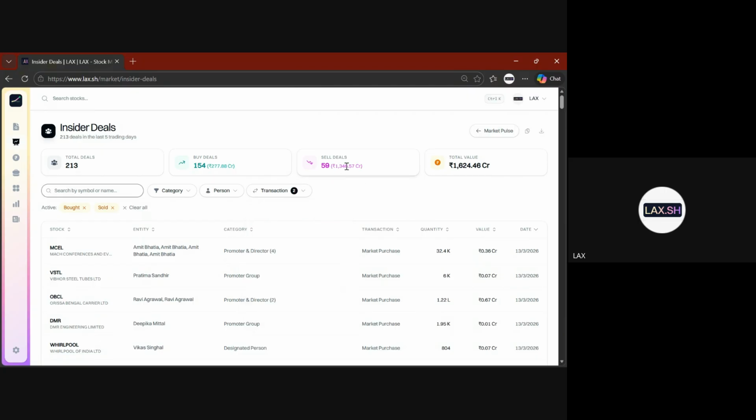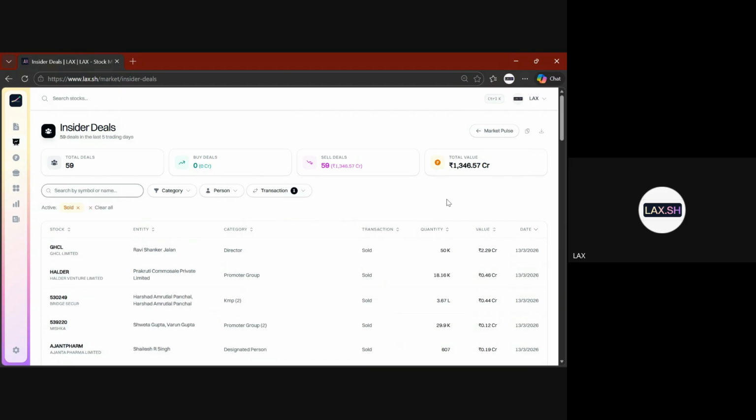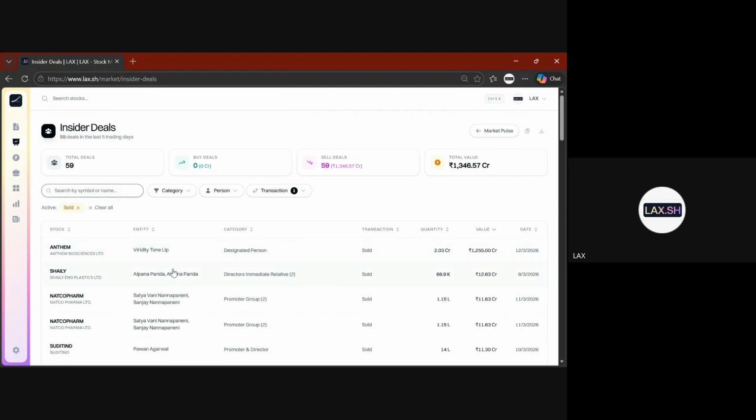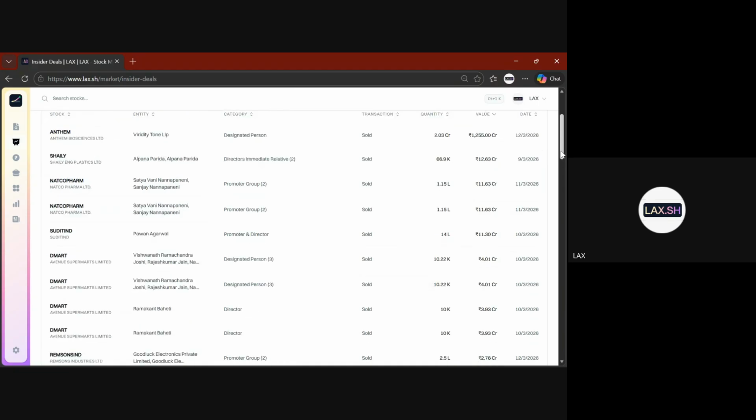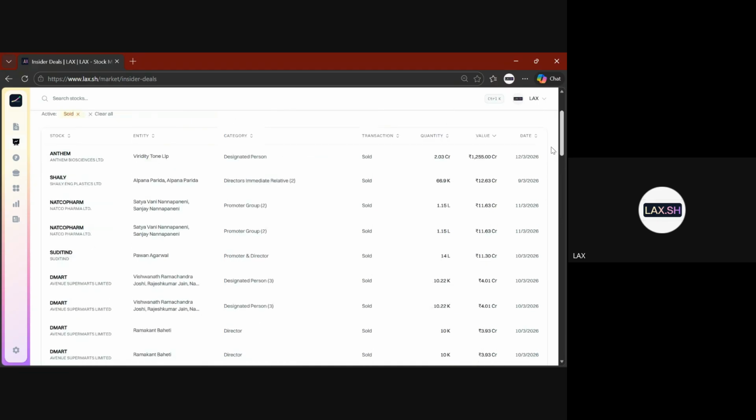Sold 1346 crore. Now you might be like, okay, the selling is much bigger, but there might be some really huge, you know, yeah, look at this. Okay, so ignore this. It is because of that one selling. The data is cool.